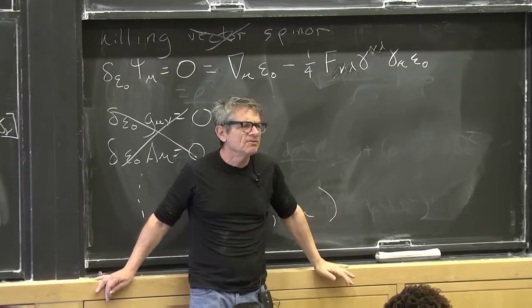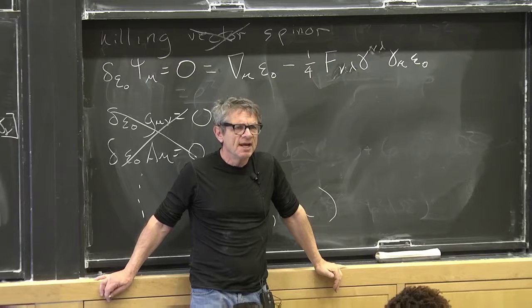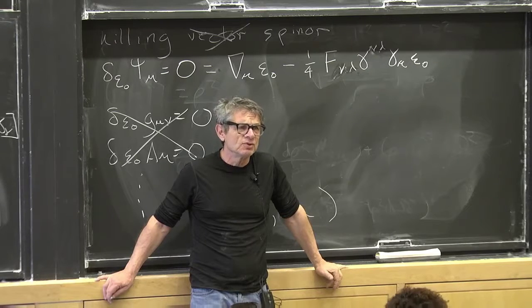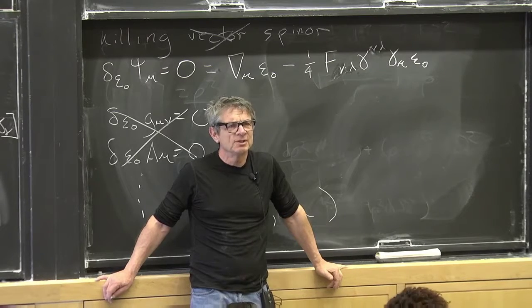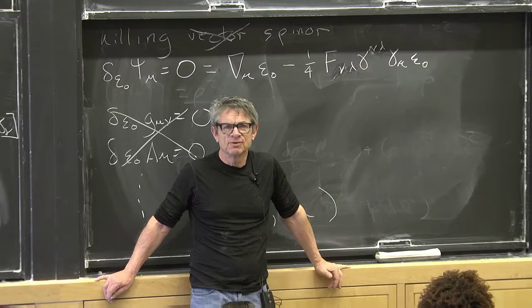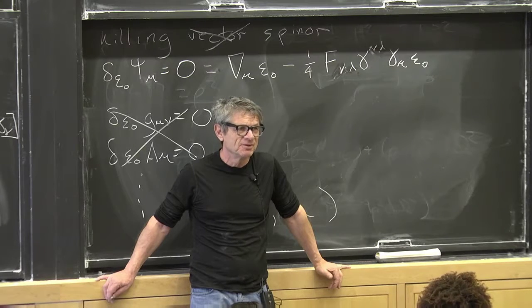So given the gauge field and the metric, we have here 8 times 4, because Dirac spinors have 8 real components, which is 32 equations, first order linear differential equations, 32 equations for 8 real epsilons.